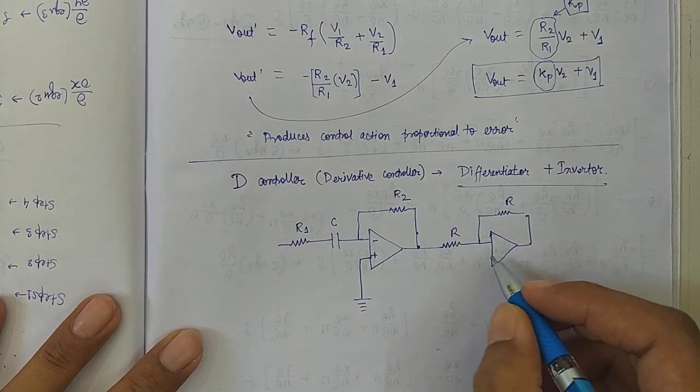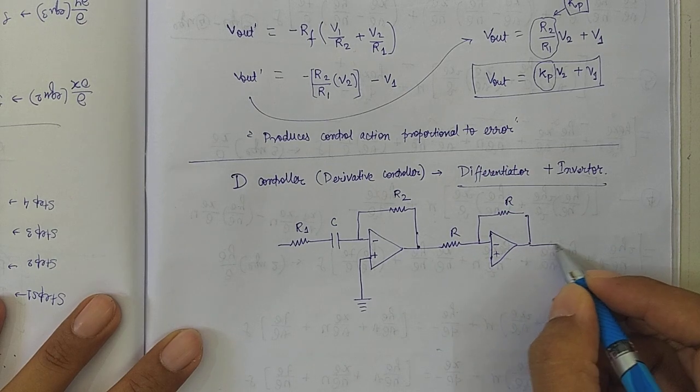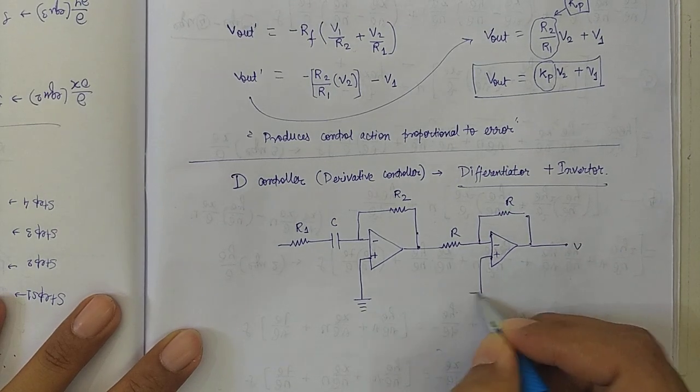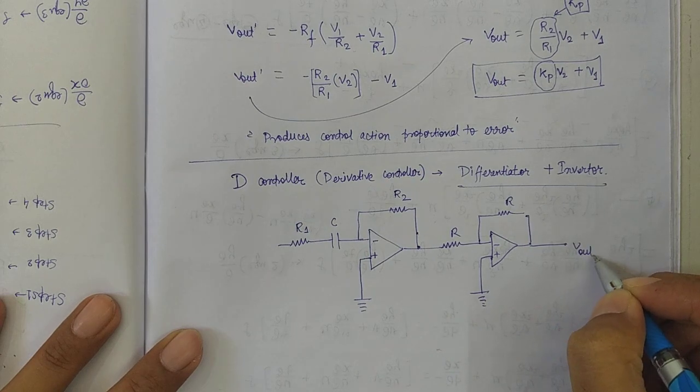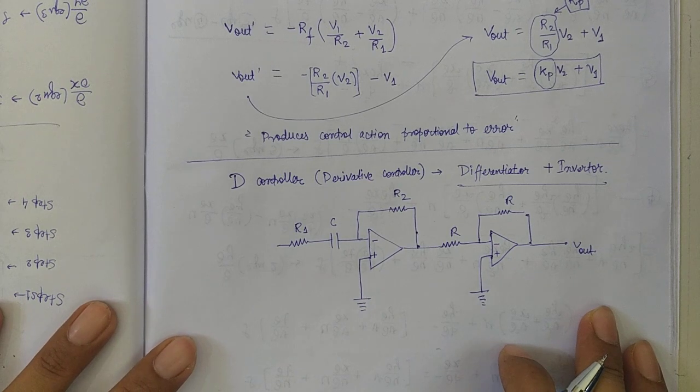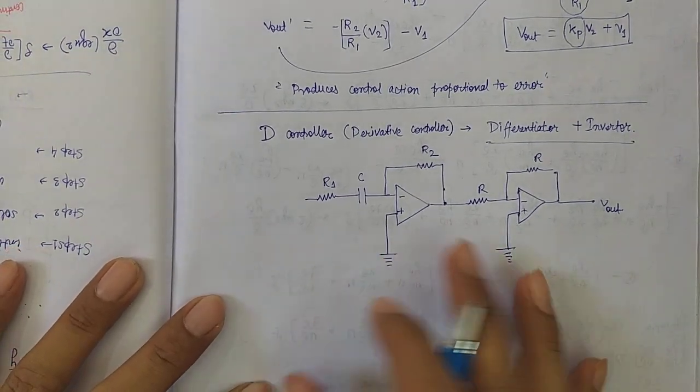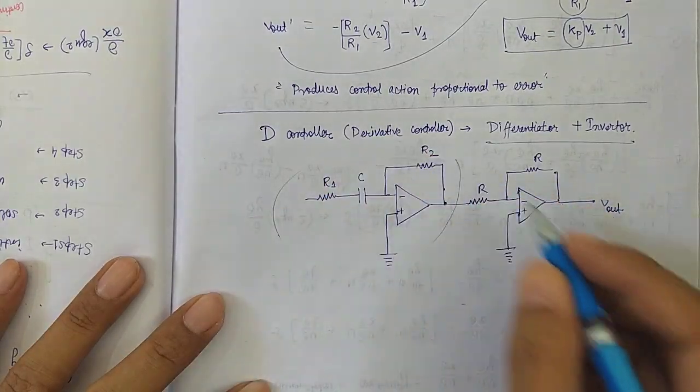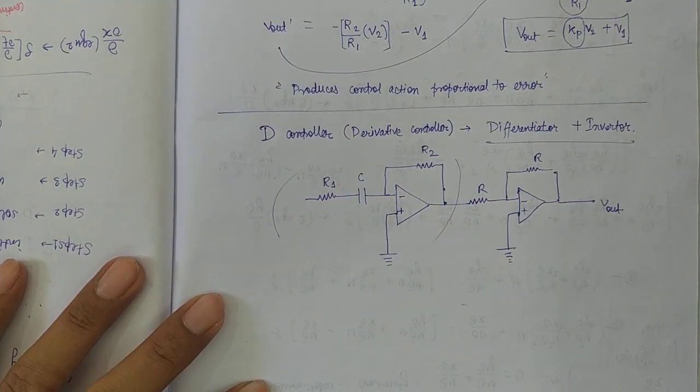Some resistance R and V out. So this is your differentiator block, this is your inverter block.